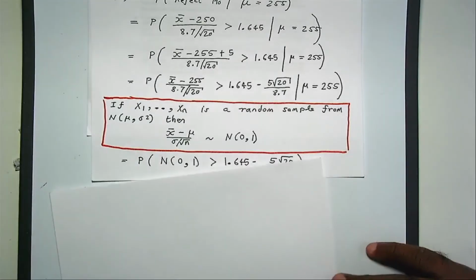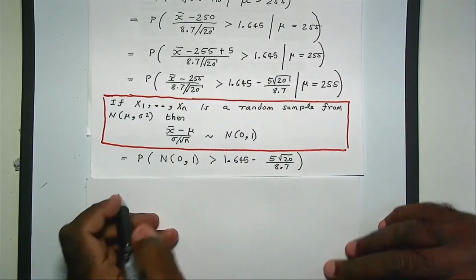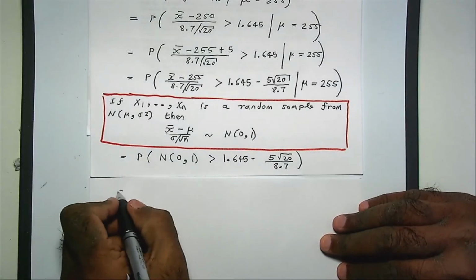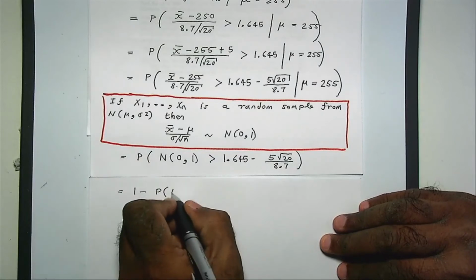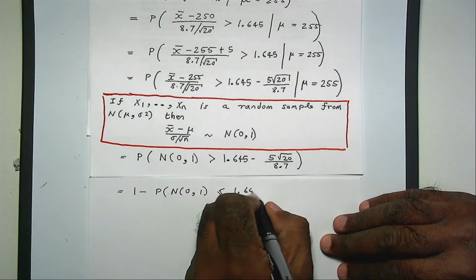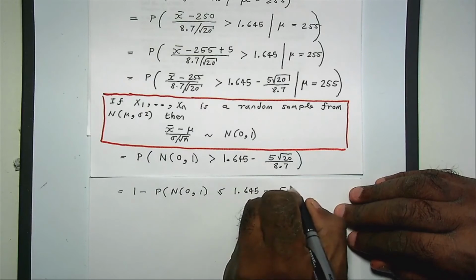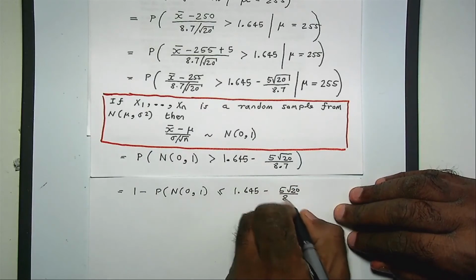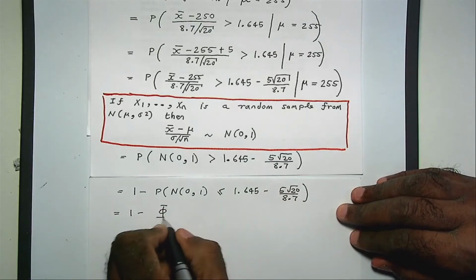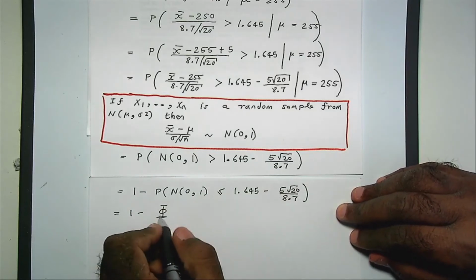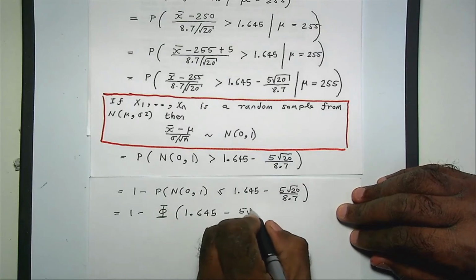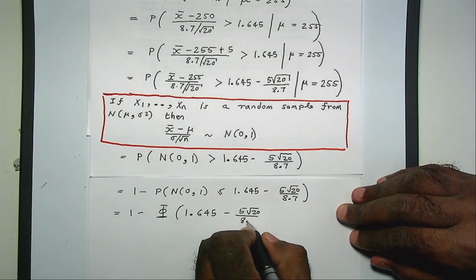So this you can write as 1 minus the probability that, and this is simply 1 minus phi. Remember, phi represents the CDF of the standard normal at 1.645 minus 5 times root of 20 divided by 8.7.